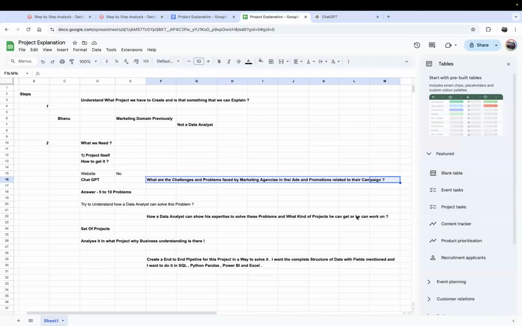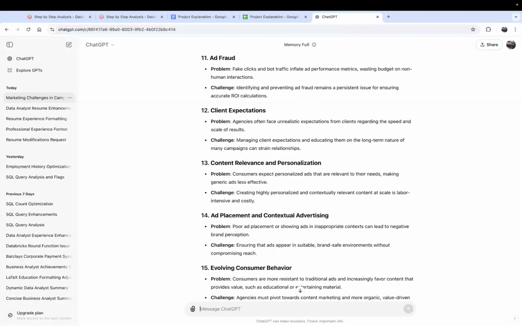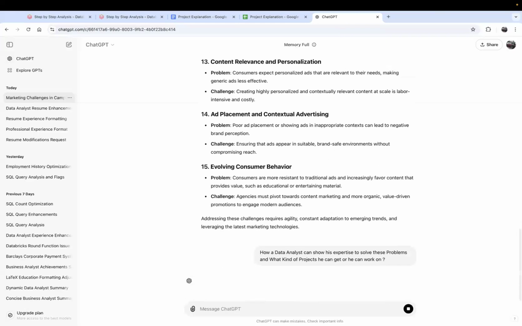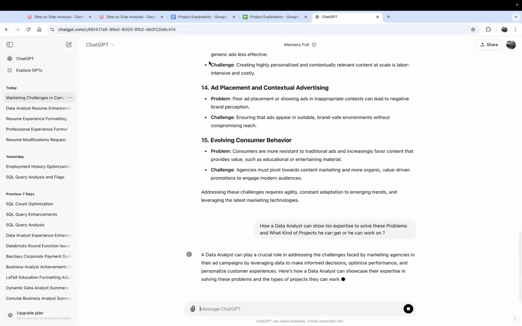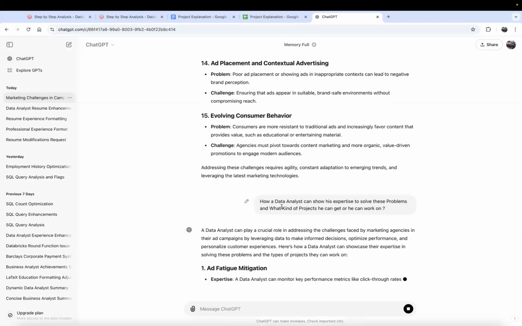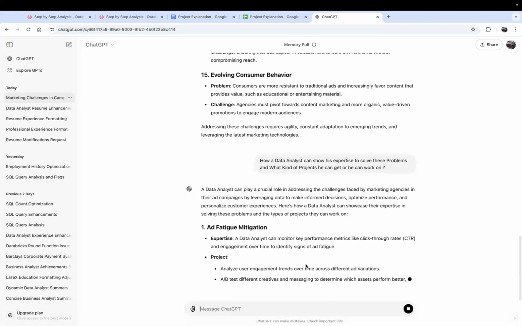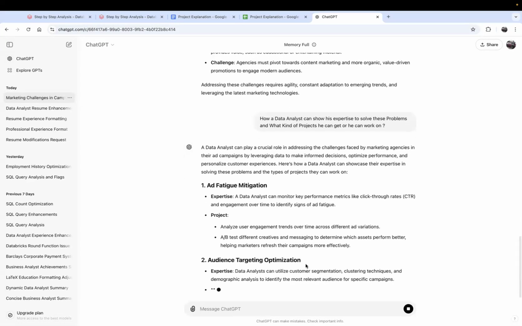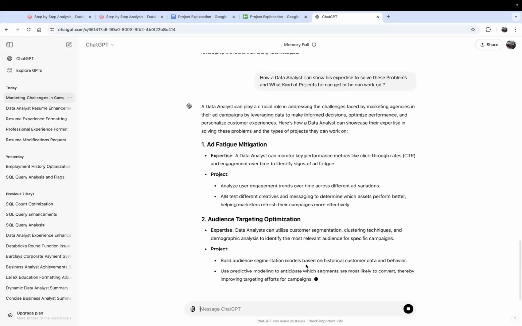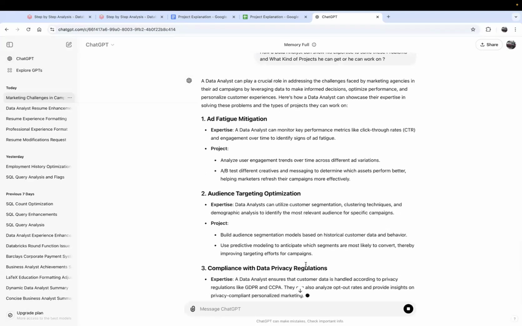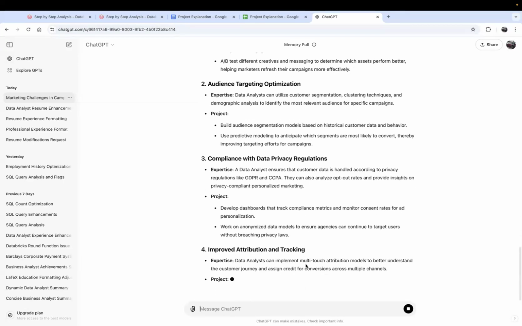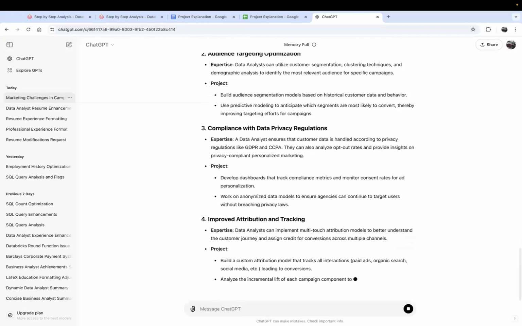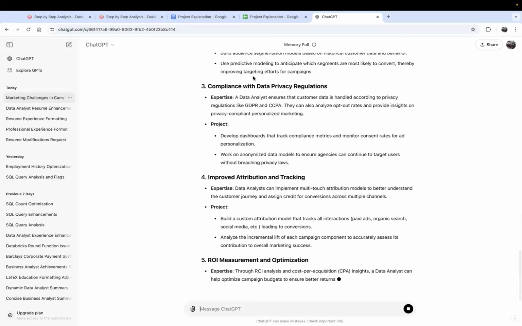Now the second thing will be this one. Now you're getting many projects, a lot of projects here.